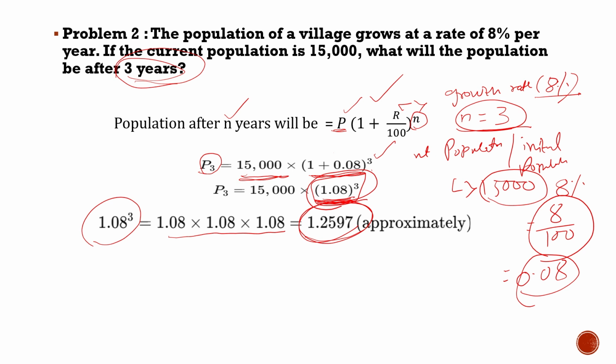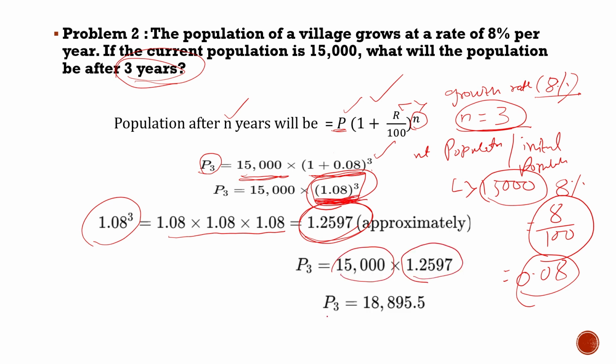So 15,000 into this value will give you the final answer. You have to do a lot of multiplication here, that is true, but just by applying this formula, your sums will be easier, right? So 15,000 into 1.08 whole to the power 3 will give you this.